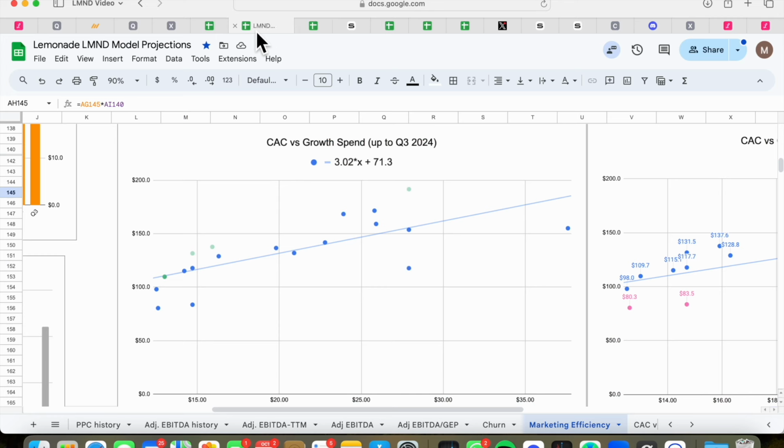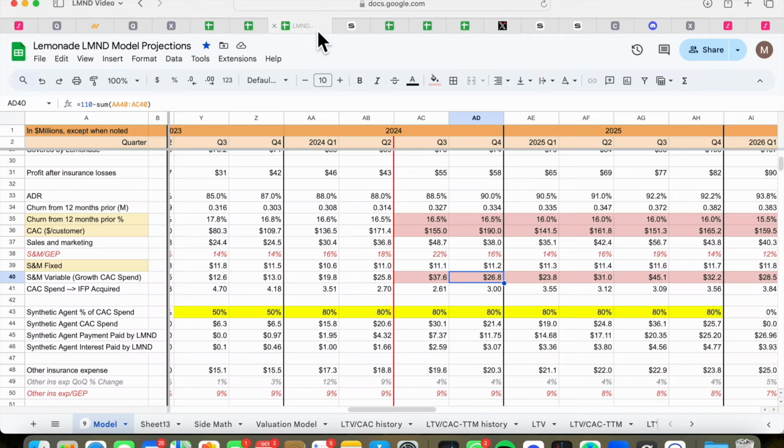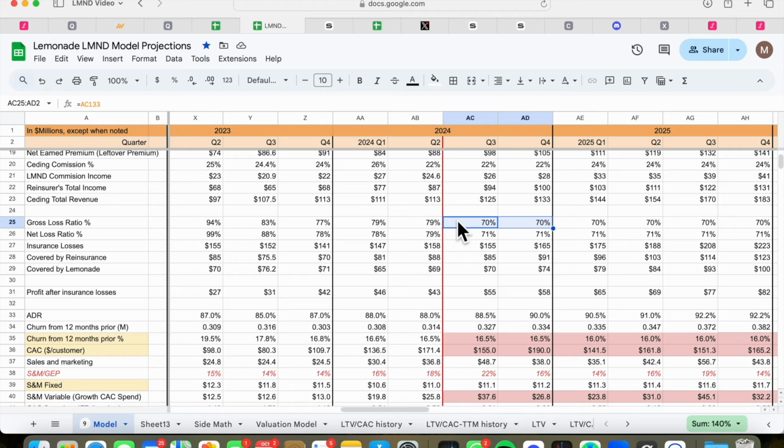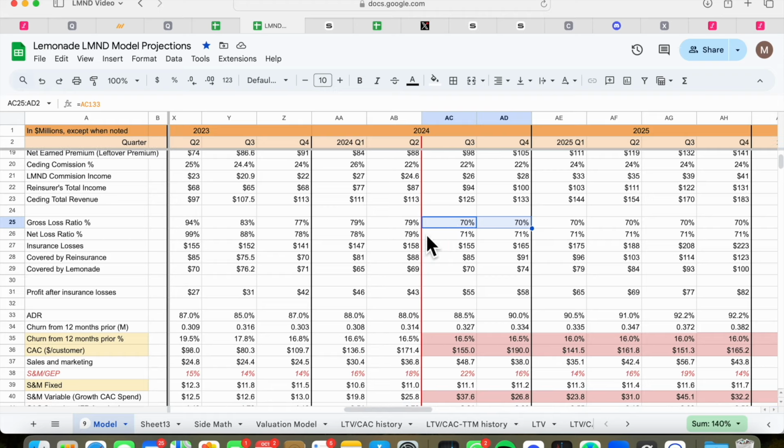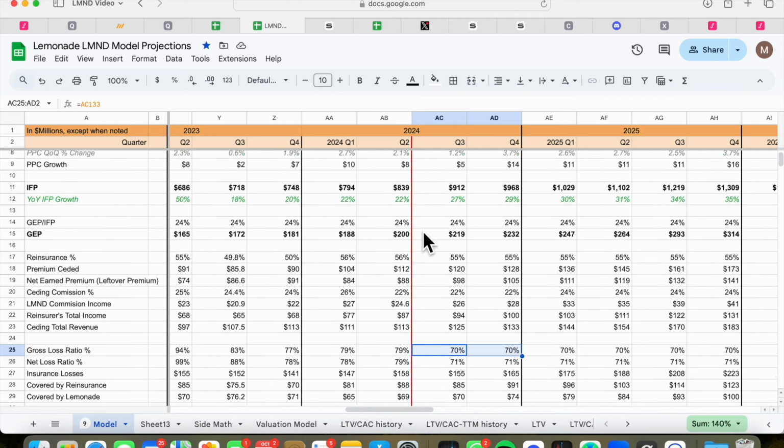And then if you look at the 26, 27 million range here, you're trying to look where these green dots might line up. I'm guessing this one here was 27.9 million. It was 191 dollars per customer. So we'll have to see how it comes in, but that's sort of where I plunked the numbers in, at $190 per customer in Q4. So the next big thing to talk about is the gross loss ratio for Q3, Q4.